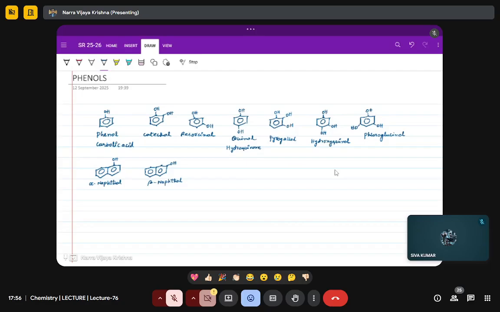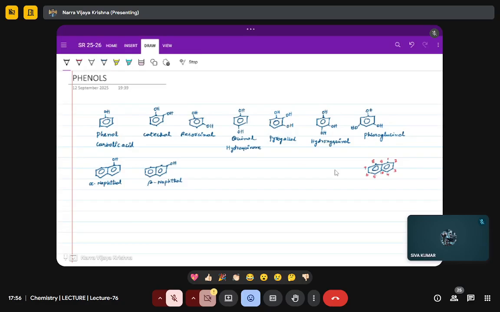Now, while you are giving numbering to naphthalene, I have to give numbering like this, right? This is 1, 2, 3, 4, 5, 6, 7, 8. Then at the end, we have to give numbering to the fused carbons. Correct?